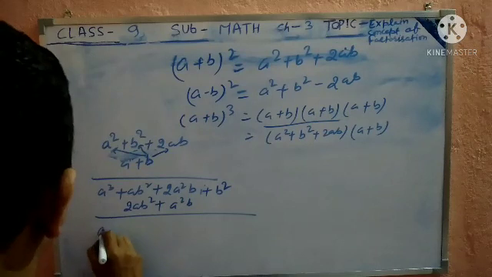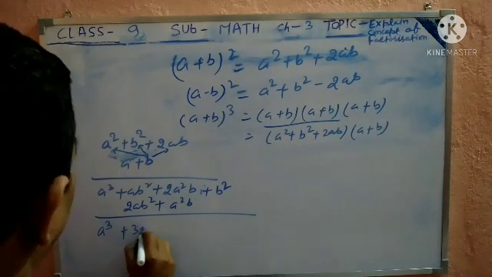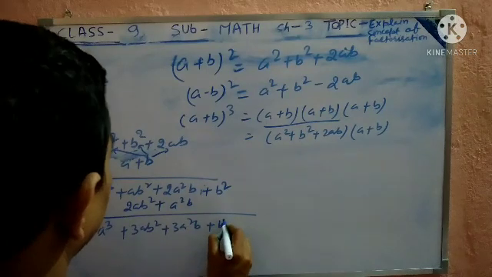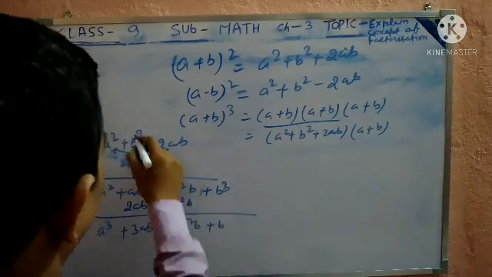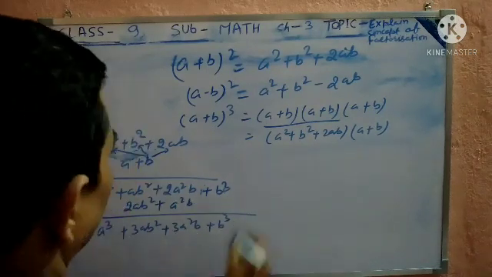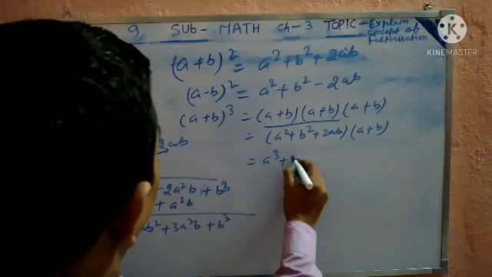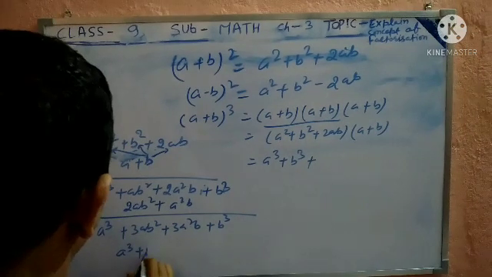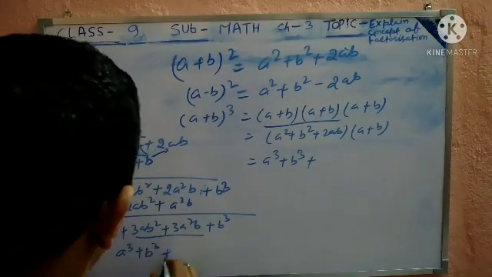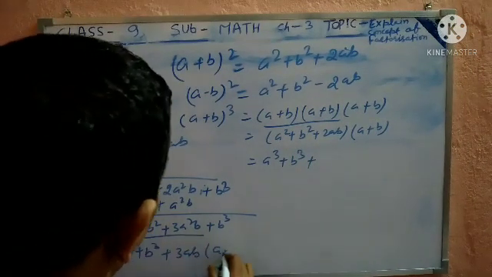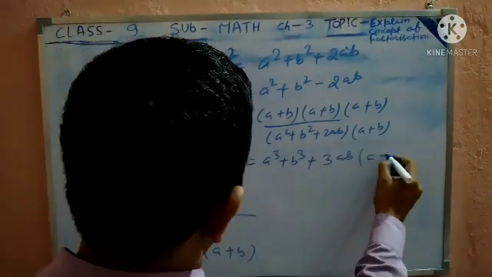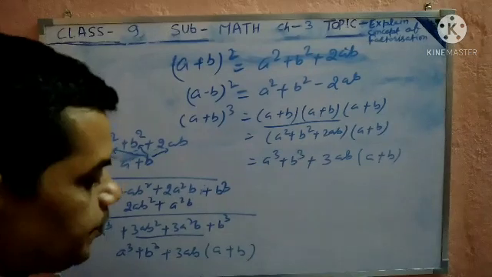Now add up these terms: a cube, 3ab square plus 3a square b plus b cube. So this term is a cube plus b cube plus 3ab into a plus b.